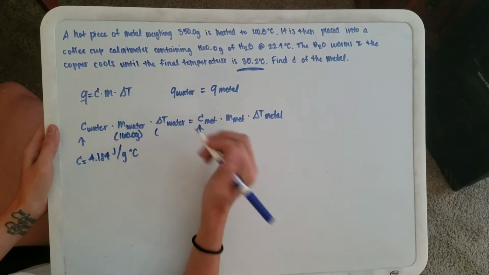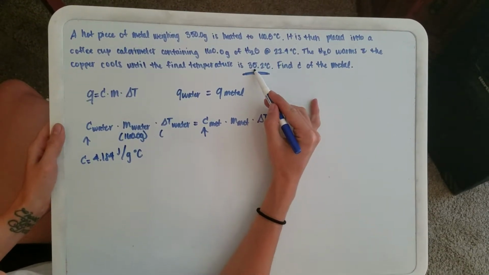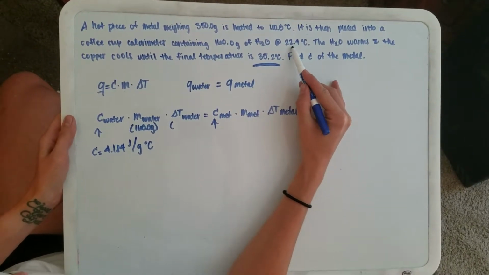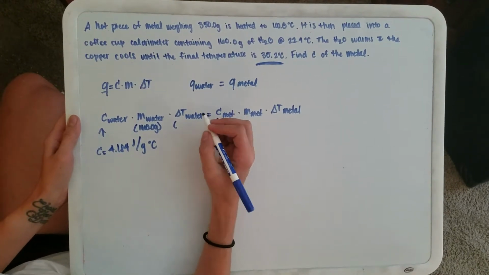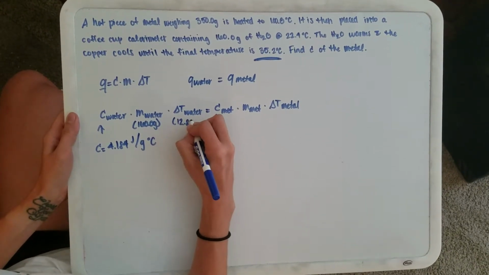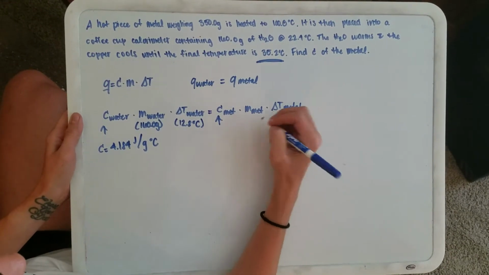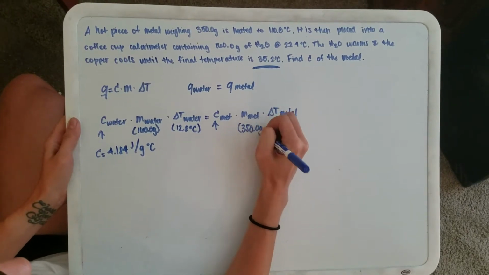We know the change in temperature of the water because the entire system ended at 35.2 and the water started at 22.4. So we can calculate that, and it ends up being 12.8 degrees Celsius. We know the mass of the metal is 350 grams.